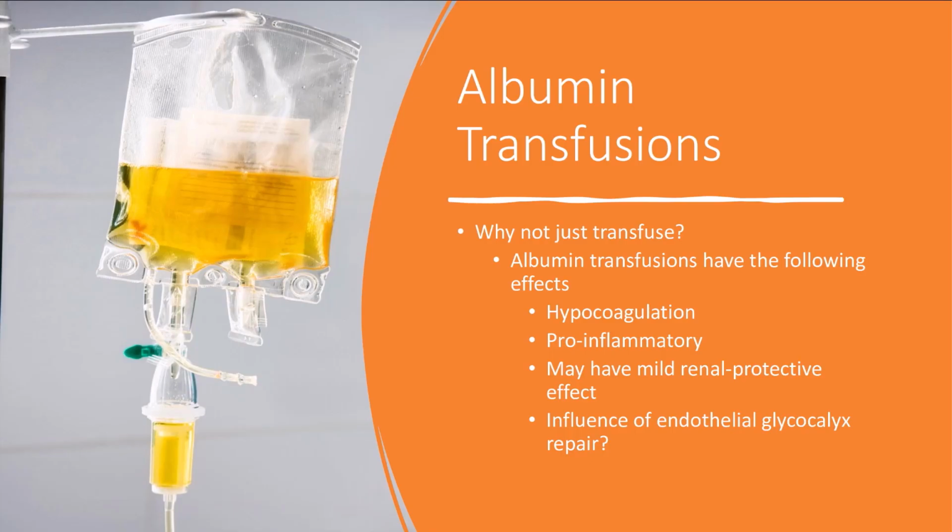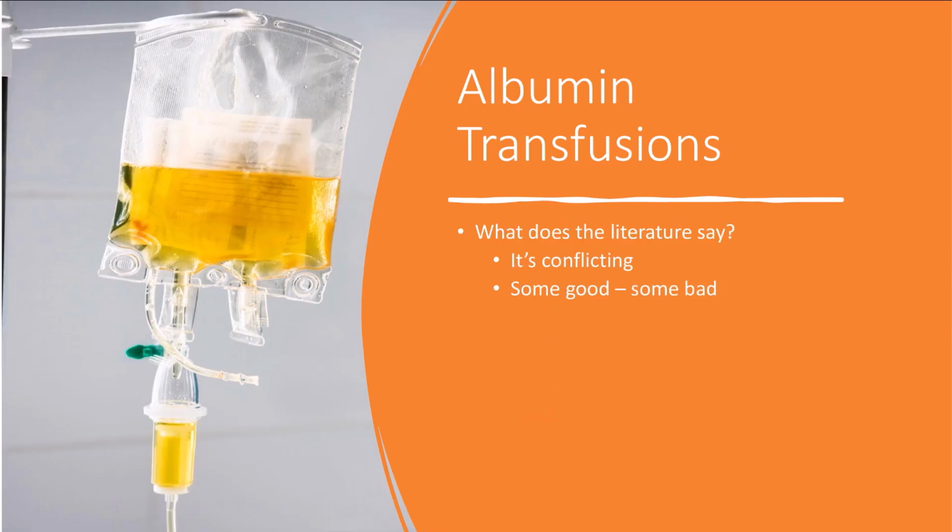It is involved in reducing the rate of coagulation in circulation as well. So when the endothelial glycocalyx gets damaged like it does in severe systemic illness, then repair of glycocalyx becomes potentially a significant thing. We don't know enough about that to know whether albumin transfusions might influence it, but we know that albumin is a component of endothelial glycocalyx, so there's potential that it might have some positive effect.